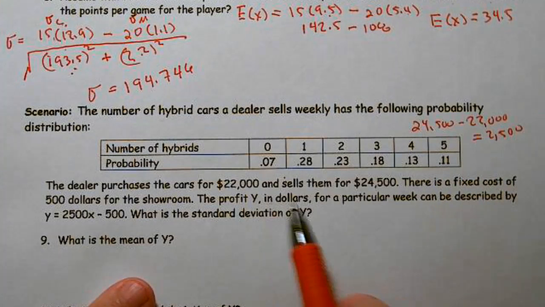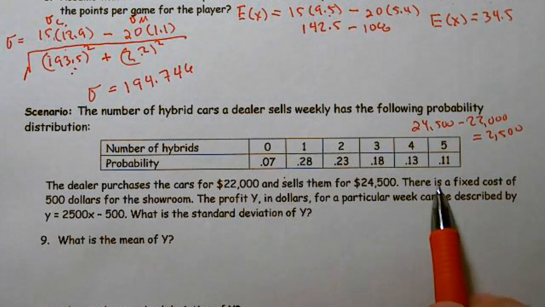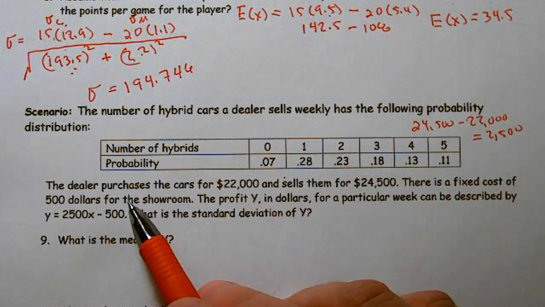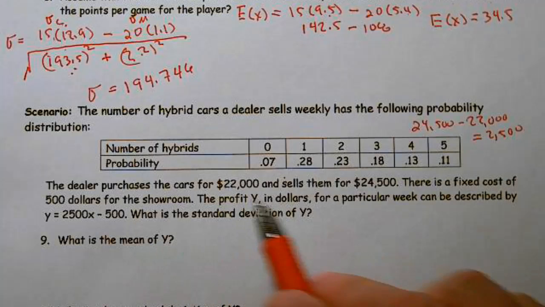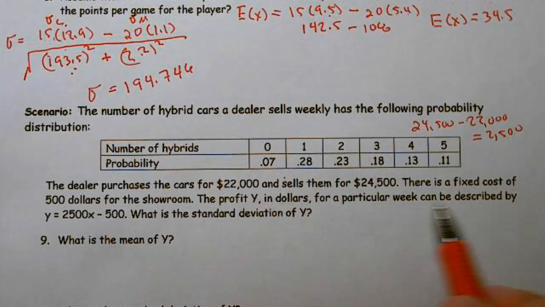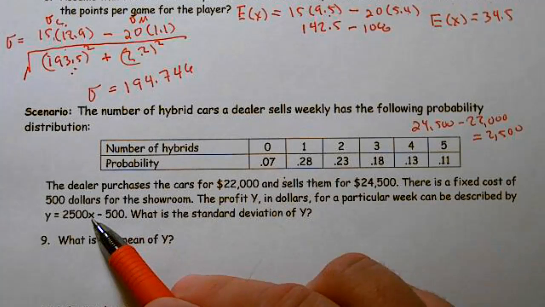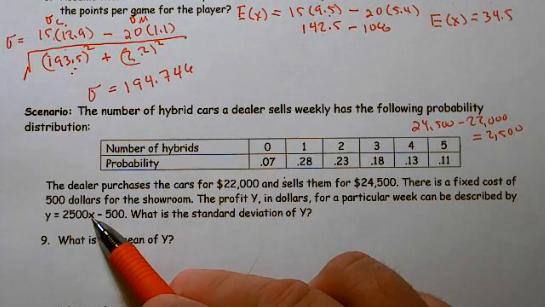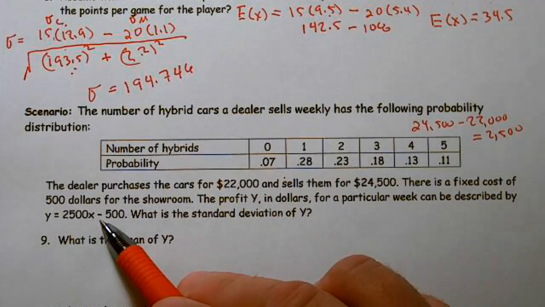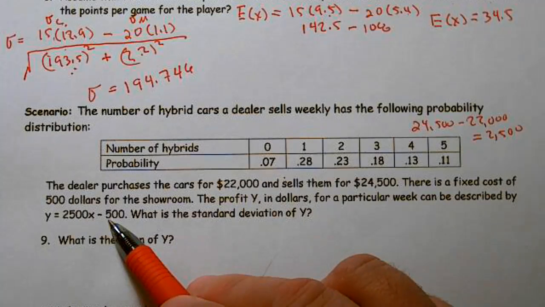All right. But there's also a fixed cost of $500, which is going to take away some money. So the profit in dollars for a particular week can be described by the function 2,500x minus 500. So $2,500 per car, but you're going to lose a total of $500 for the week.